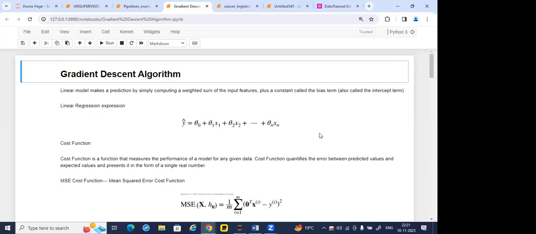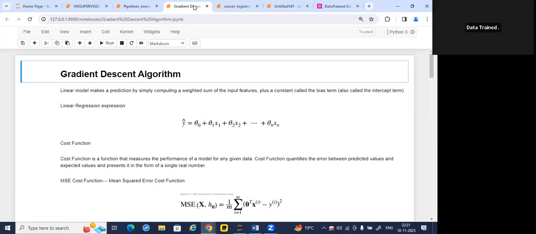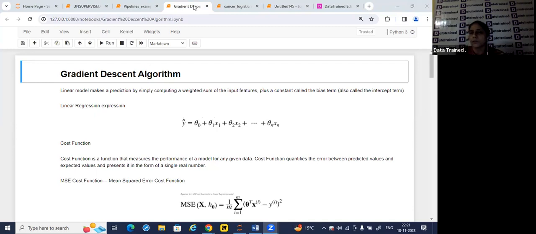This is one of the algorithms. Till now, you had worked on many algorithms: linear regression, lasso, ridge, KNN, logistic, GNB, MNB, SVM, and many others. So this is one of the algorithms, the gradient descent algorithm.